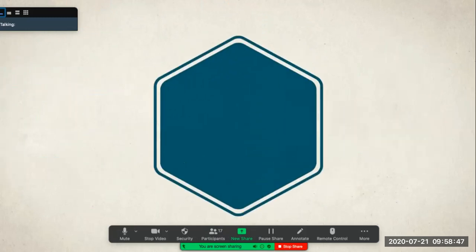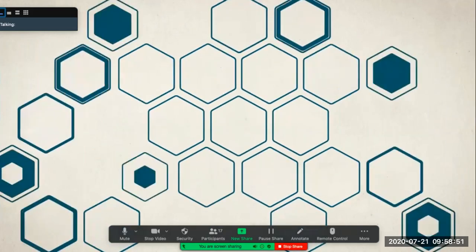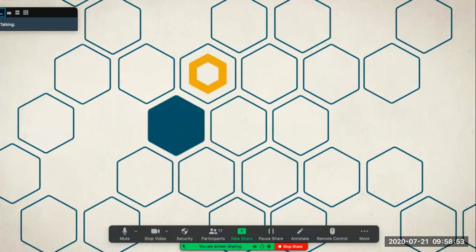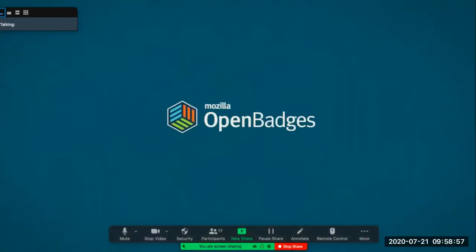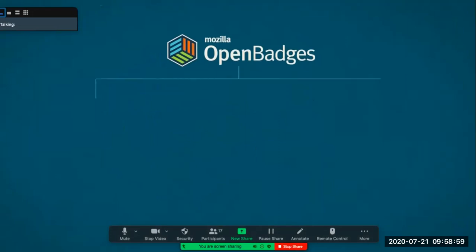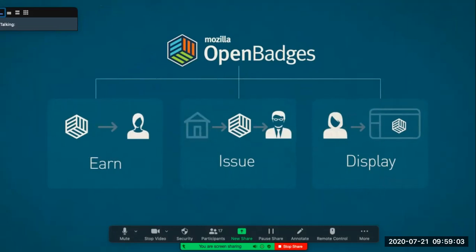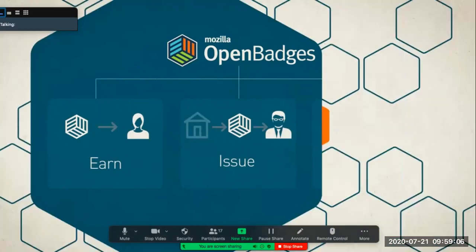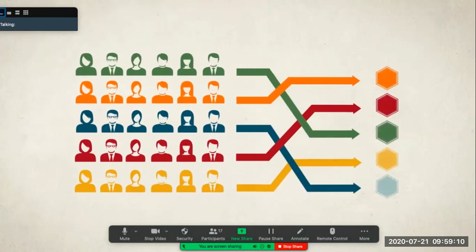But in order to give badges wide credibility and acceptance, a robust badge ecosystem needs to be developed. Much work has already been done in critical areas. Mozilla's Open Badges infrastructure provides the software and open technical standard for everyone to earn, issue, and display badges across various contexts. A growing community of badge experts has developed various models of badge systems for anyone to use and adapt.